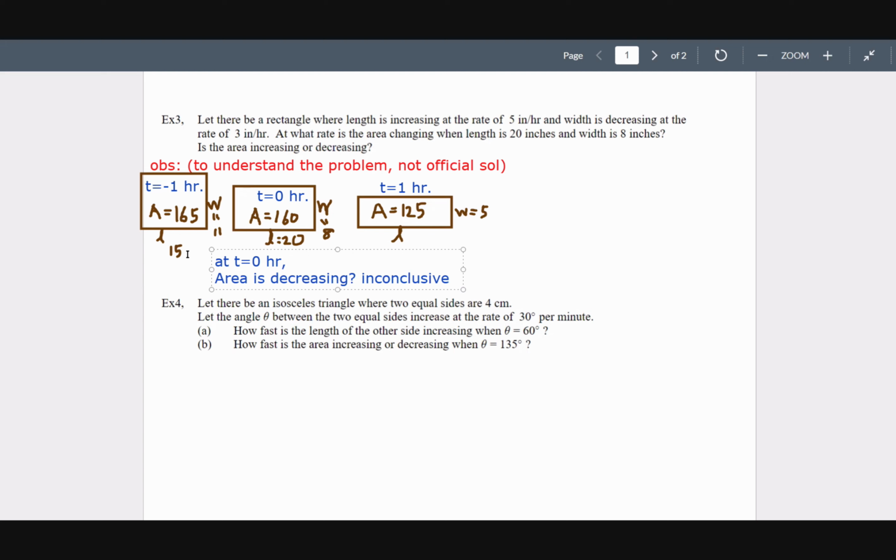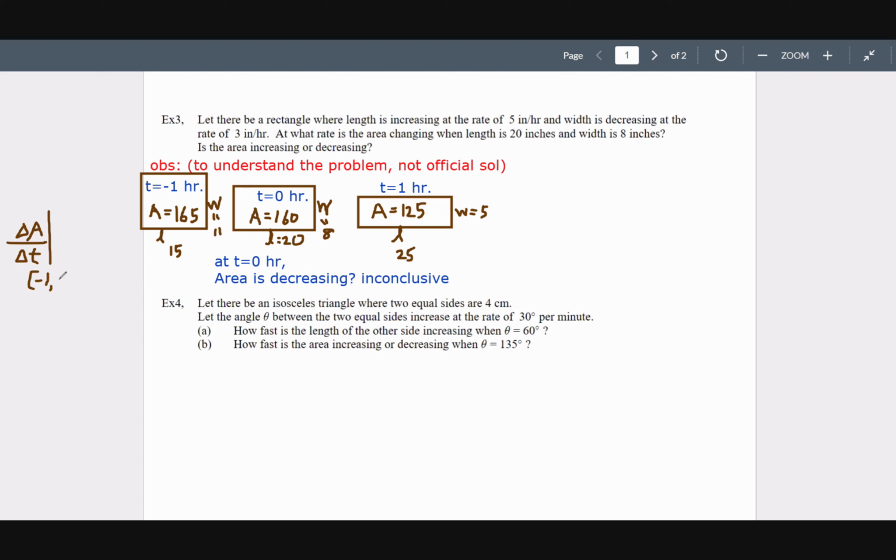So now we want to know, we cannot just go from -1 to 0. If we do that, what is this here? This is now the change in area. So let me write this down. The change in area, delta A, per change in time, delta t, between t equals -1 to 0.